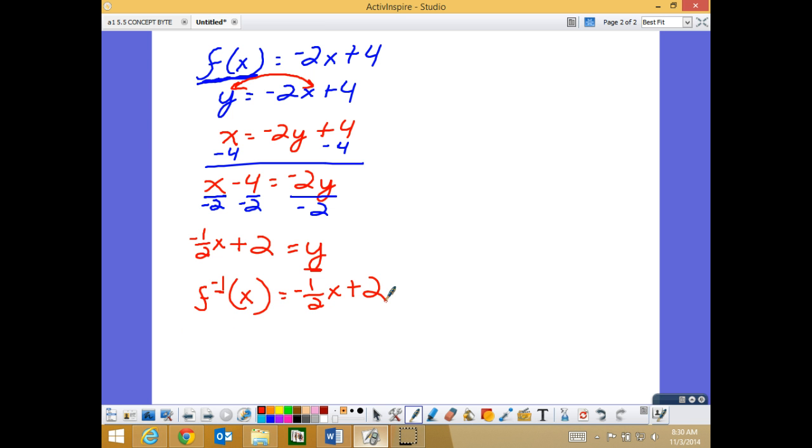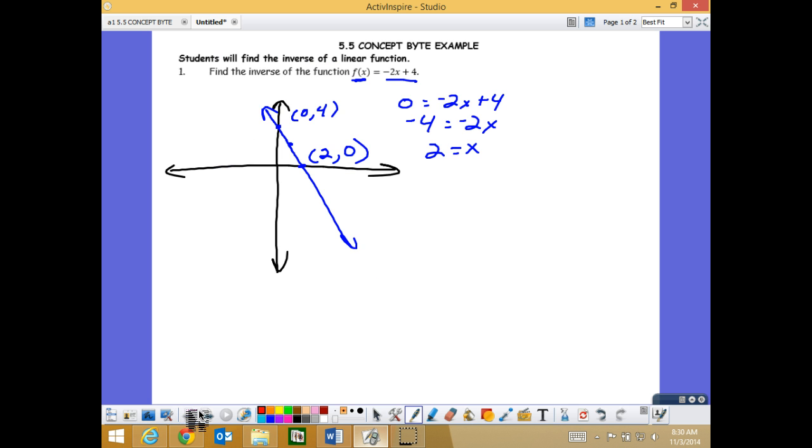So then when we graph this inverse function, we'll take a look at that. The inverse function is negative 1/2 x plus 2. The y-intercept is 2. And the slope is negative 1/2.